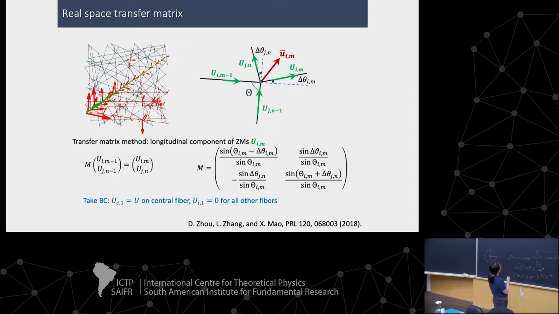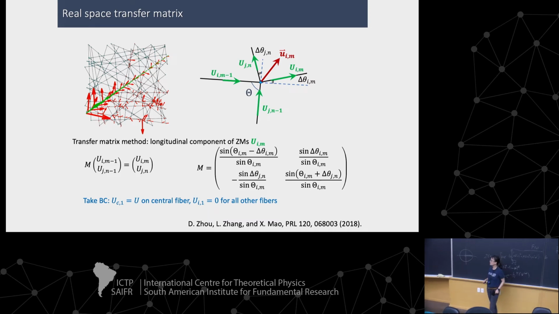So there are, for example, NF fibers in the network. For each of the fibers, we define a starting point. Then we can propagate the whole solution through the network where we write such a transfer matrix at each of the nodes. So each node takes 2 in, and then 2 out is calculated by this transfer matrix.